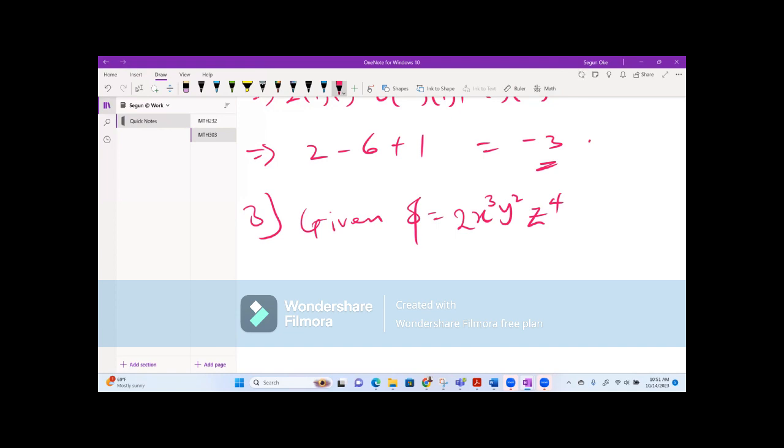They ask us to find a, del dot del phi, and b, show that del dot del phi equals del squared phi.